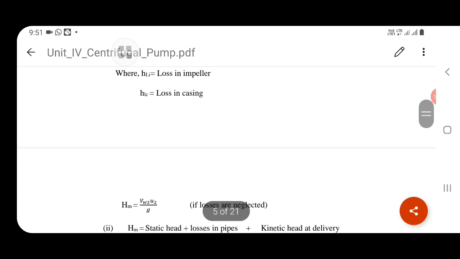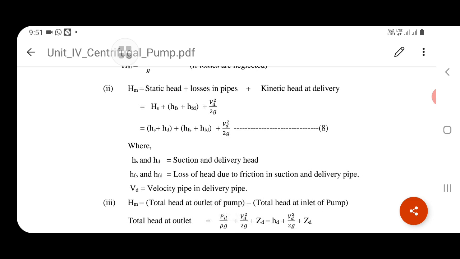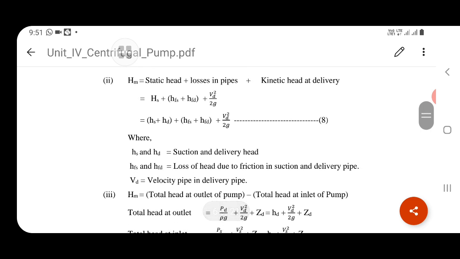Second, HM is equal to static head plus losses in pipes plus kinetic energy. So HM is equal to HS plus HD plus HFS plus HFD plus VD square upon 2g, where HS and HD are the suction and delivery head, HFS and HFD are the loss of head due to friction in suction and delivery pipes, and VD is the delivery velocity in the delivery pipe. So write down this.